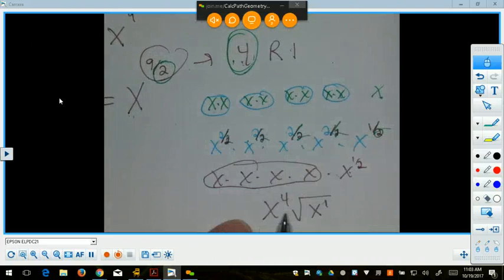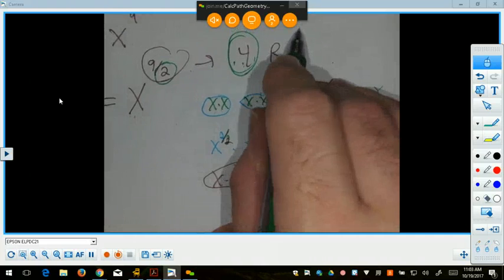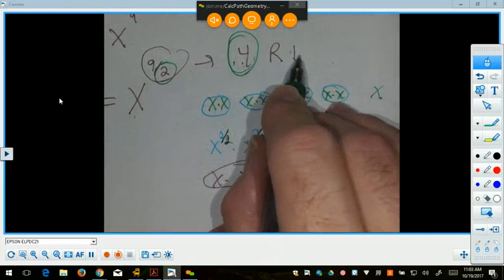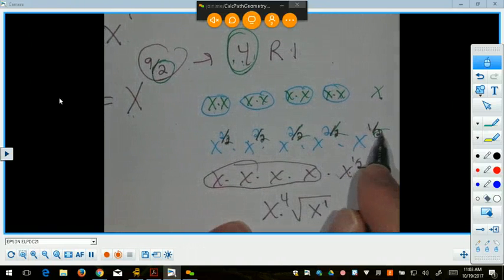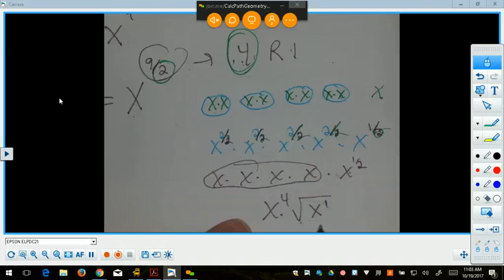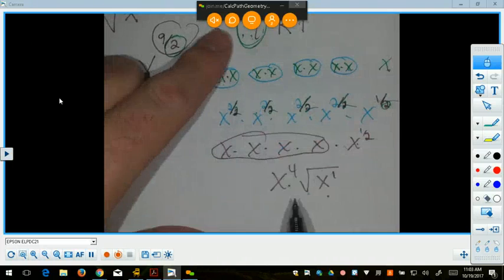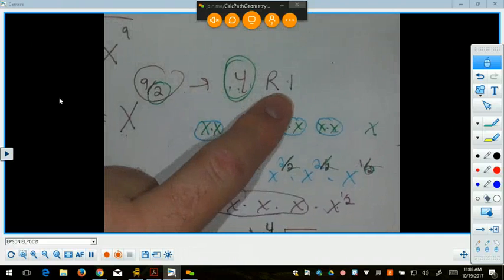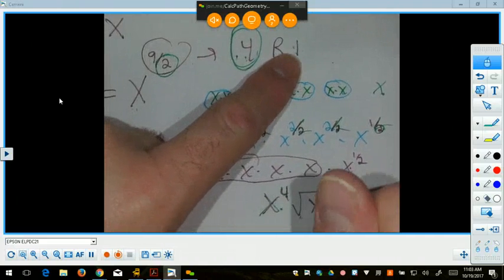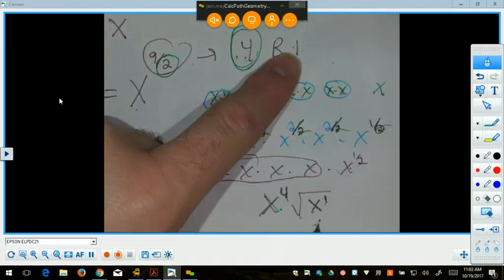Look at that number, 4, x to the 4th. There's a singleton remainder that I can't divide because 1 is not divisible by 2. It remains as x to the 1/2, which is the same as the square root of x. So when I do this, I have x to the 4th, and I have 1 x remaining under the radical.